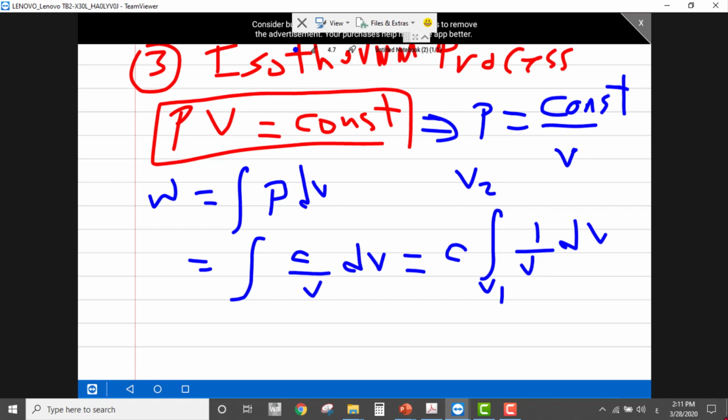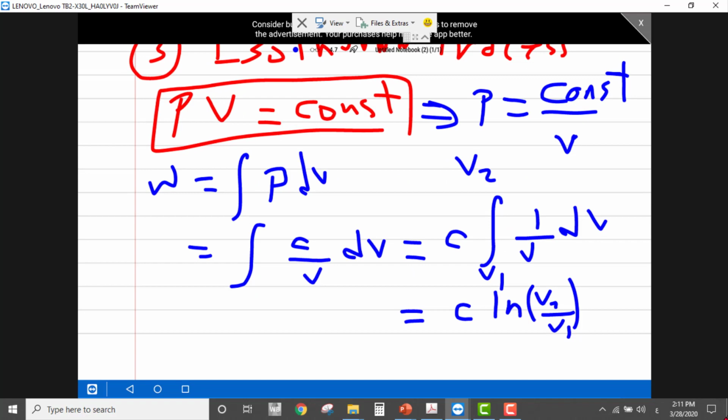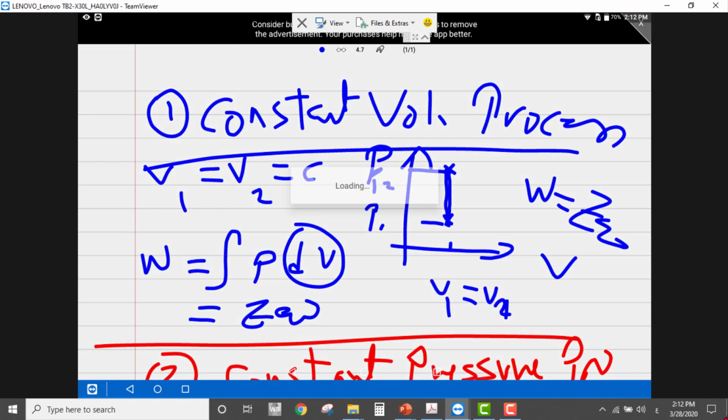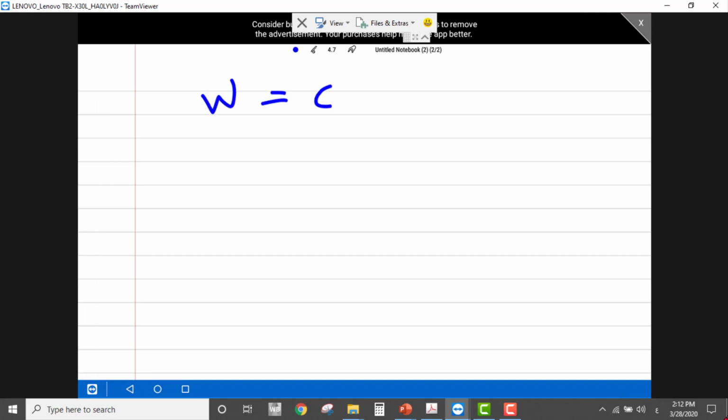So the integration of 1 over V will give C ln V2 over V1, or ln V2 minus ln V1, or we can transfer the subtraction to division. So work equals, we reach up to here, C ln V2 over V1.